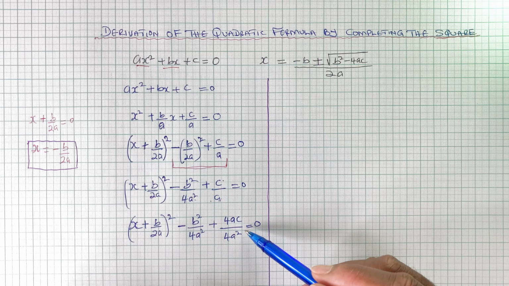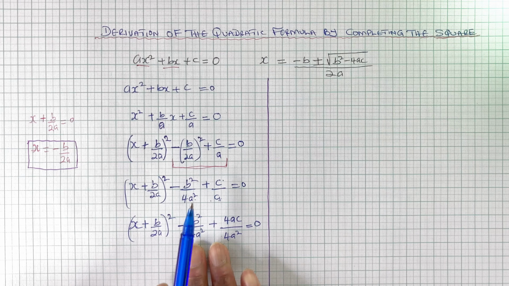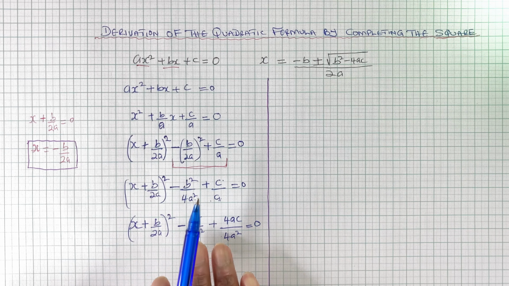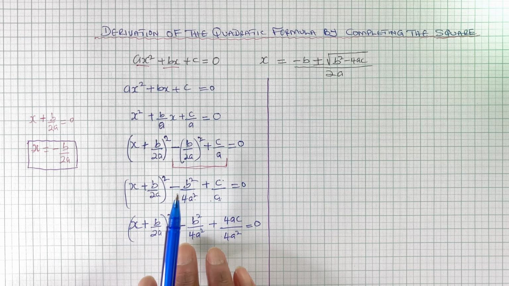So now I have the same denominator for these two, but first of all I'm going to move them to the right hand side. I want to move these two because they are constant. This is why I had a turning point.